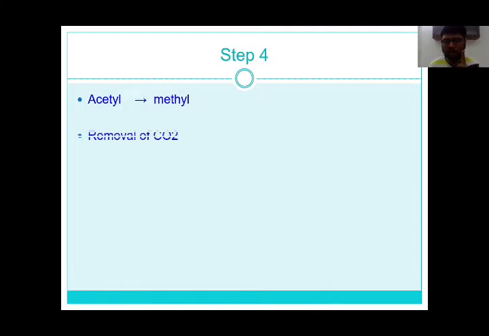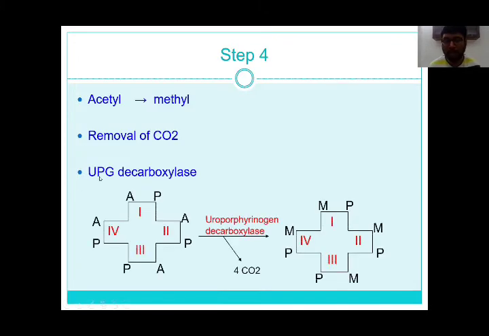By removing a carbon atom in the form of carbon dioxide. So this reaction is called a decarboxylation reaction, and the enzyme for this reaction is decarboxylase. Here this reaction is catalyzed by an enzyme called UPG decarboxylase, which will remove 1 carbon atom from the acetic acid of UPG to form methyl groups.